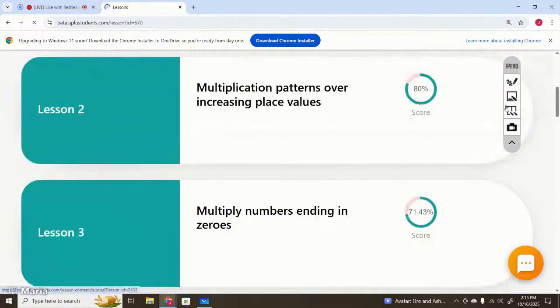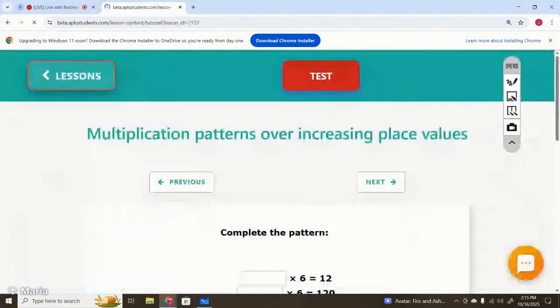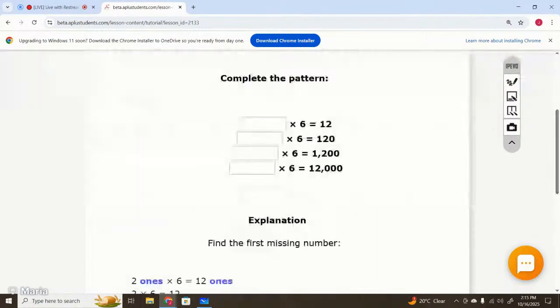multiplication pattern, increasing place values. So you need to find the missing number that when multiplied by 6 makes 12.